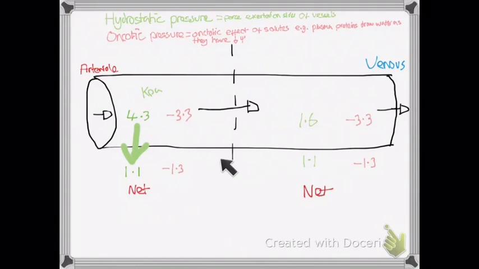The oncotic pressure here is from minus 1.3 to minus 3.3, and that is consistent. It's always there. Minus 1.3 kilopascals to minus 3.3. That's the drawing potential of these plasma proteins, and that's a smaller arrow. So there's a smaller difference there. So basically, our net outflow is 1.2 kPa, kilopascals.